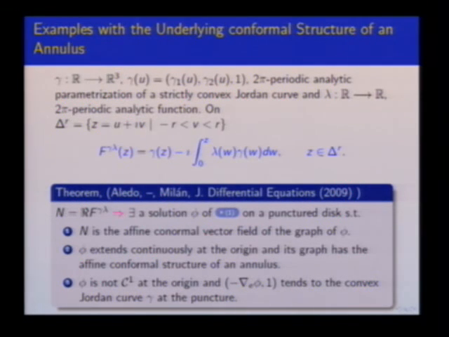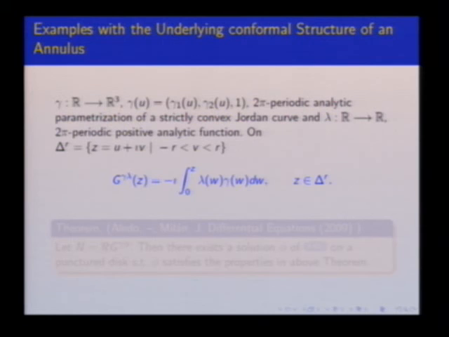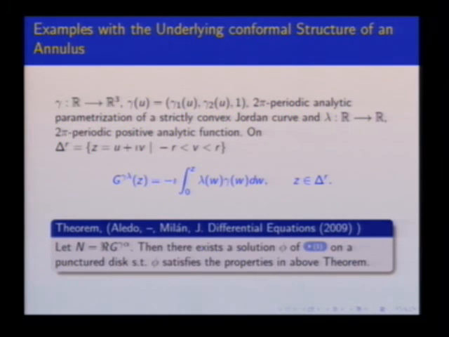But there is another way to construct new examples, not equivalent to this kind of example. In fact, now we can consider the following holomorphic curve G_gamma,lambda, well defined on the annulus, and we can prove also the existence of solutions such that they satisfy the properties in the previous theorem.